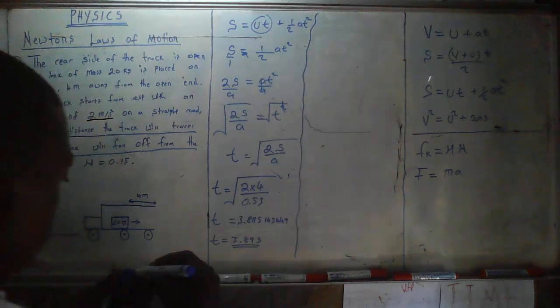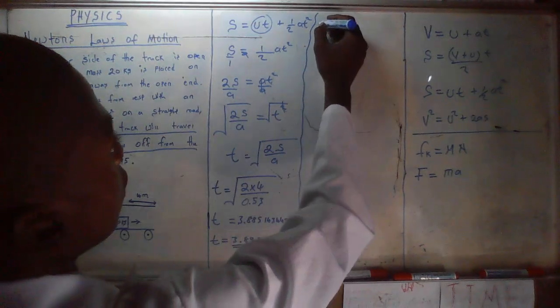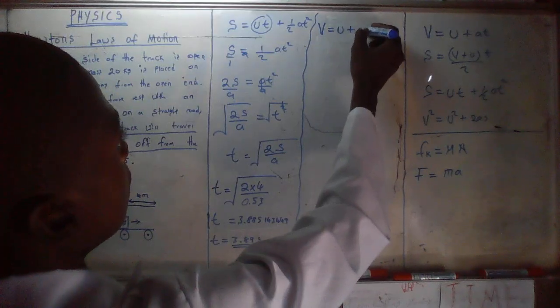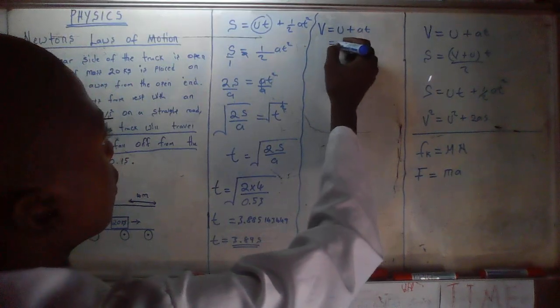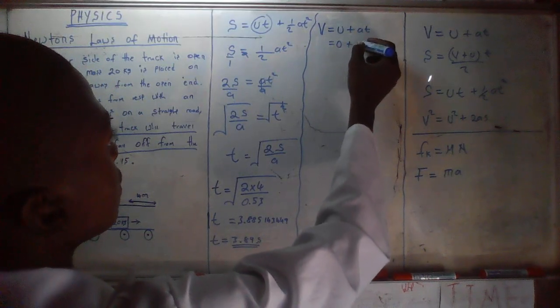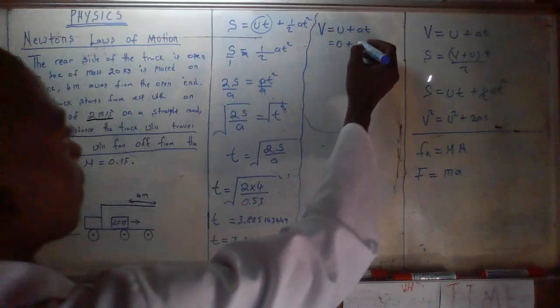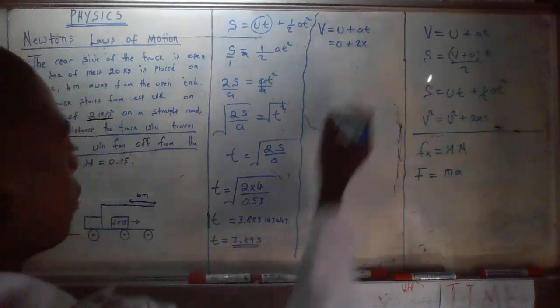So we can therefore say final velocity is equal to initial velocity plus at. The initial velocity is 0, started from rest. The acceleration of the truck, remember, is 2. What is the time?